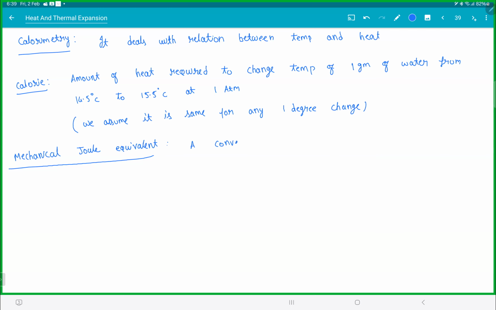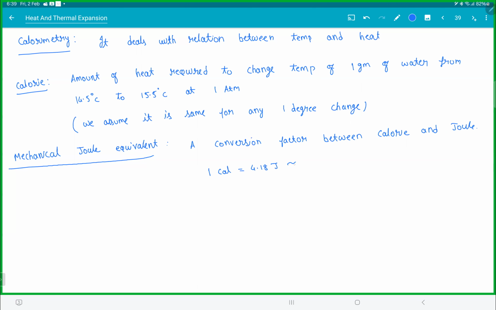That is because initially people thought heat and work are different, heat and energy are different. So whenever you hear this word, mechanical joule equivalent, it's nothing. It's a conversion factor between calories and joules.